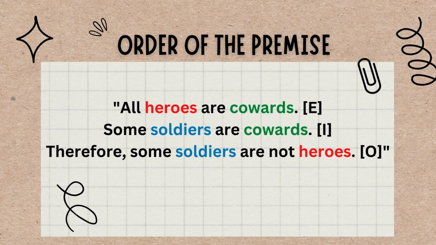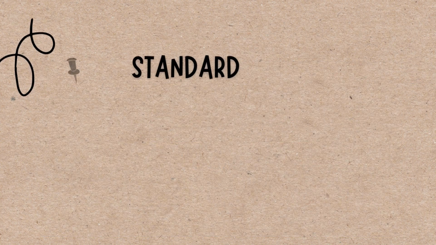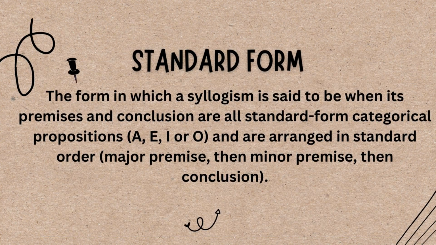In the second premise we have soldiers, so it is the minor premise, and therefore some soldiers are not heroes is the conclusion. So the first premise is the major premise, the second is the minor premise, and the third is the conclusion, which follows the order of standard form: major premise, minor premise, and then conclusion.